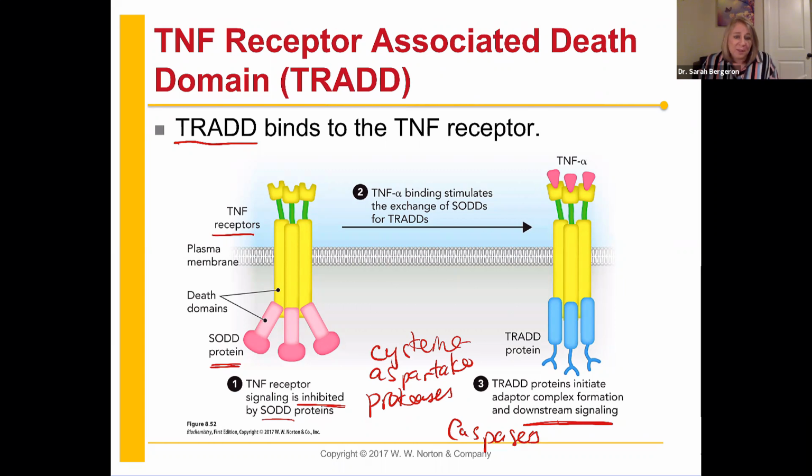So if you activate these caspases, you're going to get this proteolytic cascade. If you have a proteolytic cascade in the cell, it's going to degrade all of your cellular proteins. If you degrade all your cellular proteins, that's it, kaput, you're done. Cell dies, okay?